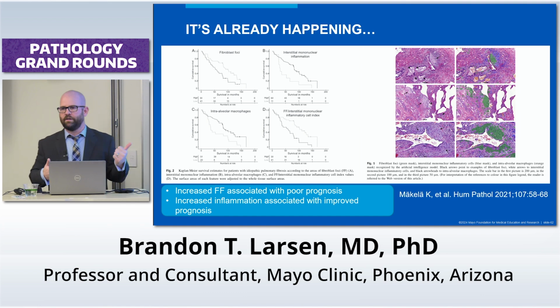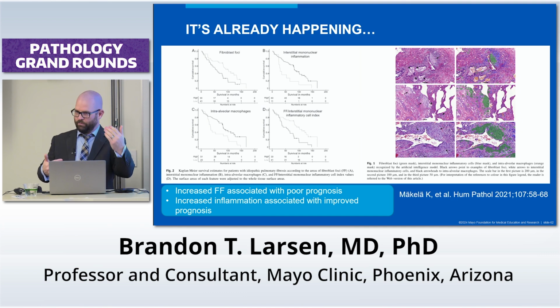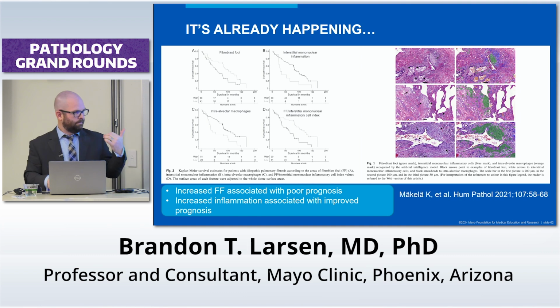And there are significant differences. People who have lots of fibroblast focus activity do more poorly. More inflammation improves survival. To me, that's not surprising whatsoever. But rather than a rough and dirty read of a pathology slide like we did in the past, we can actually be quite precise in our quantification of histologic parameters, and maybe that has meaning and value.